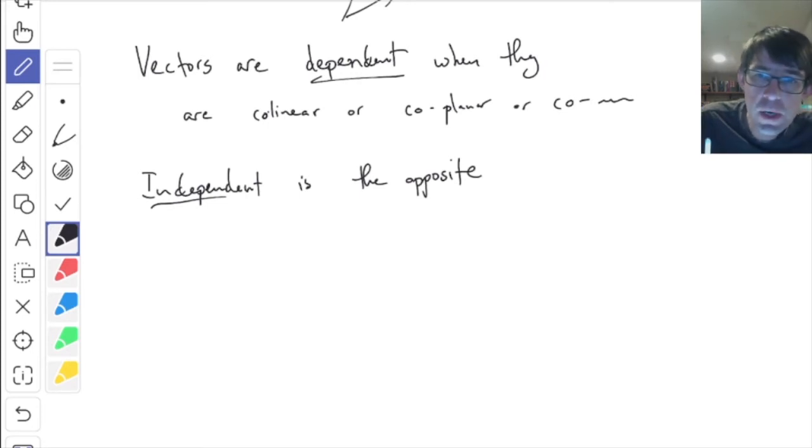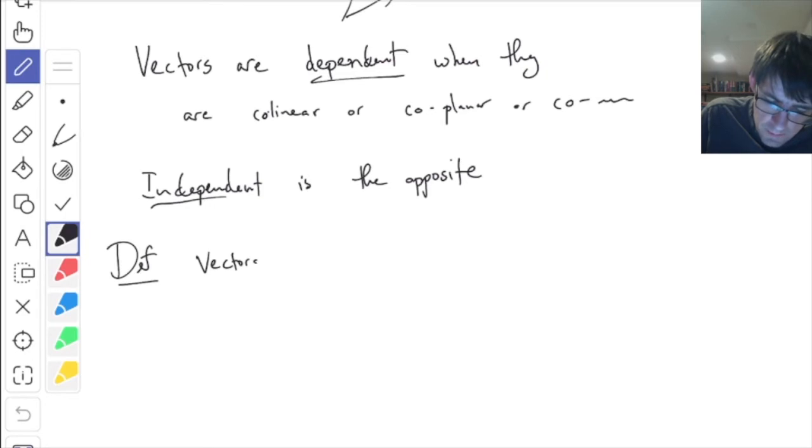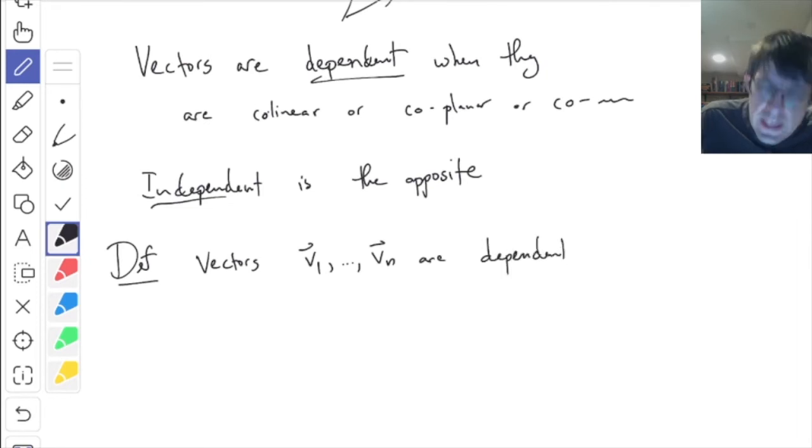The definition that's most convenient to use is for dependent. So I'll write this as a definition. So vectors, I'll call them v1 up to vn, are linearly dependent when, I'll just write it down.